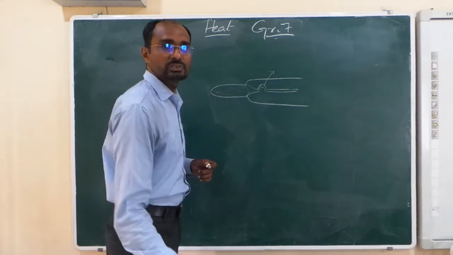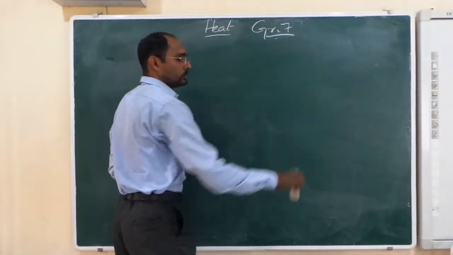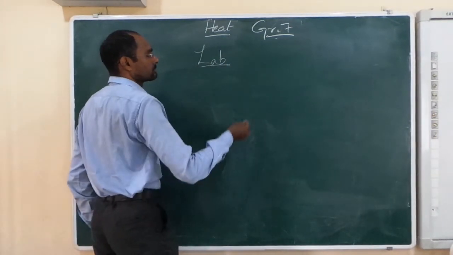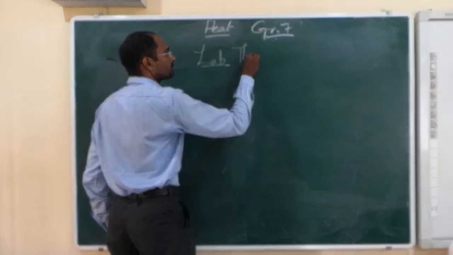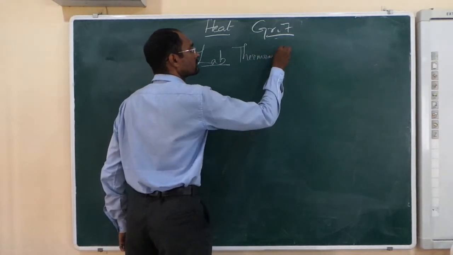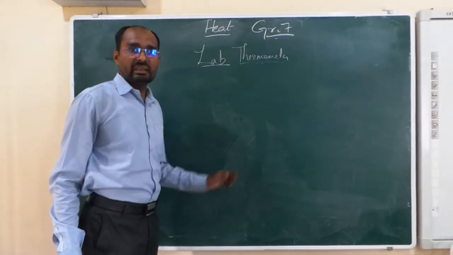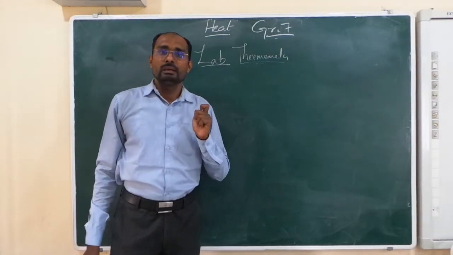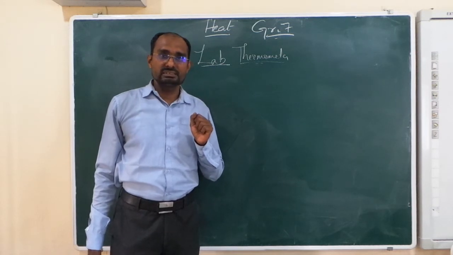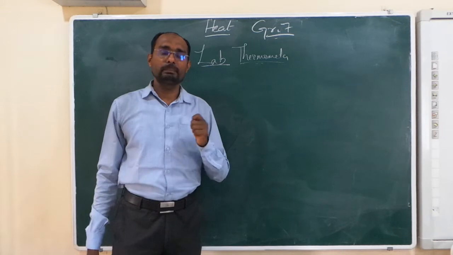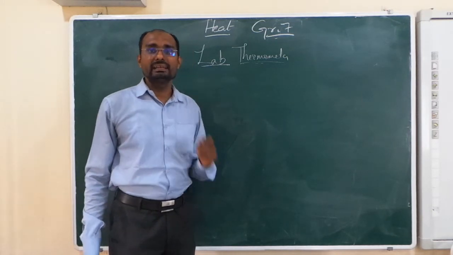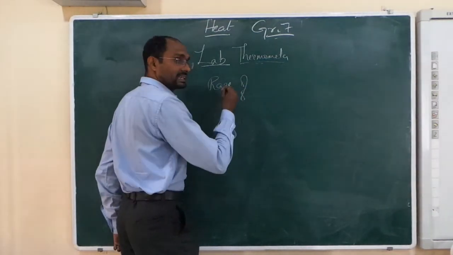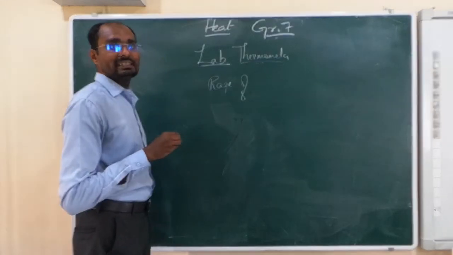Now let us go to the other part of the chapter, which is the laboratory thermometer. The name itself says laboratory thermometer. That means it is used in the laboratory. This laboratory thermometer is usually longer in size compared to a clinical thermometer, and it has a range of a total of 120 degrees Celsius.